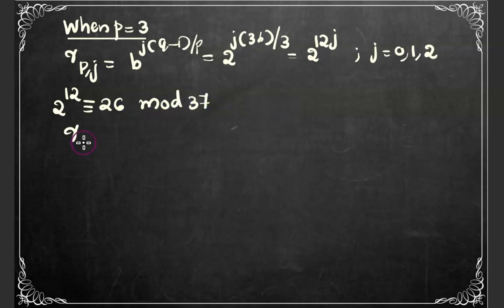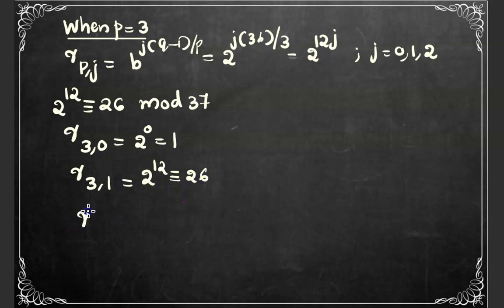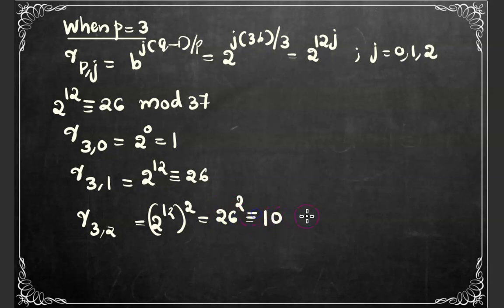So r_30 will be 2 raised to 0, which is 1. r_31 is 2 raised to 12, and that is congruent to 26. r_32 is 2 raised to 12 square, and that will be 26 square, which is congruent to 10 when reduced modulo 37.